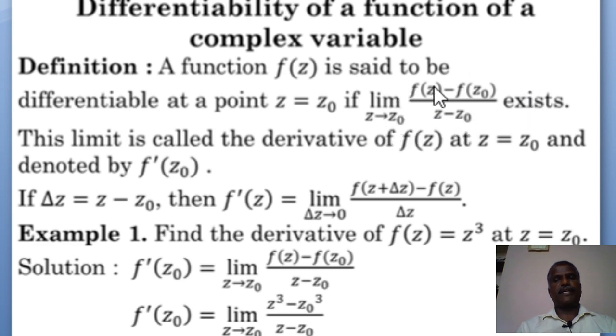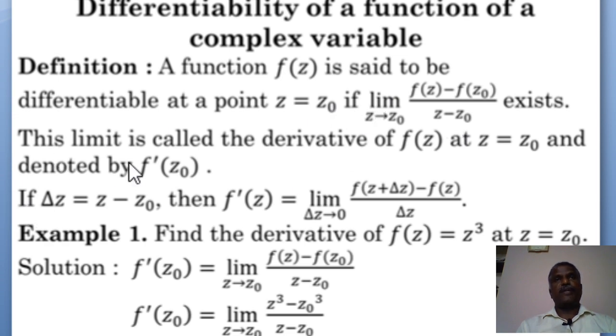This limit is called the derivative of f(z) at z = z naught, and it is denoted by f dash of z naught. It is similar to the real function, where f dash of a is (f(x) minus f(a)) divided by (x minus a). Same definition.